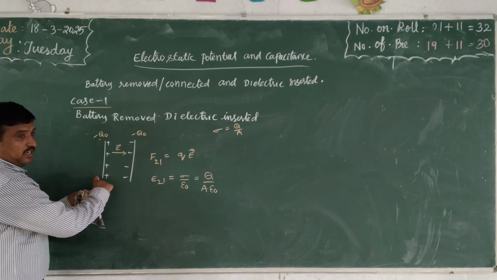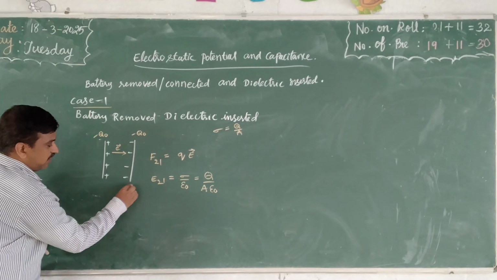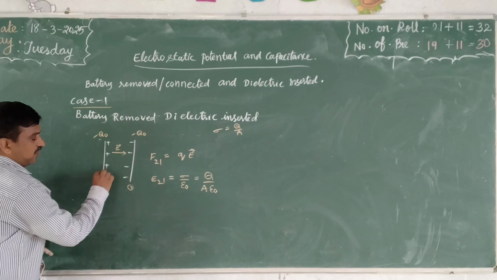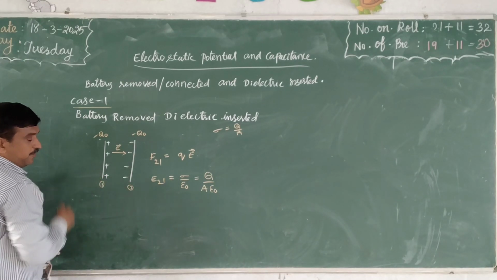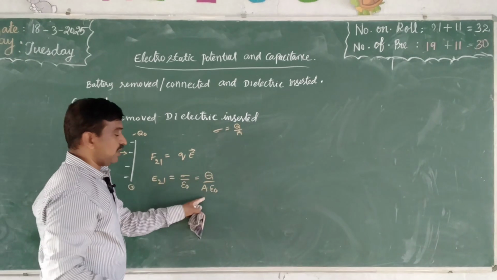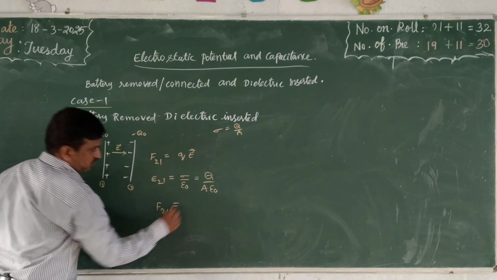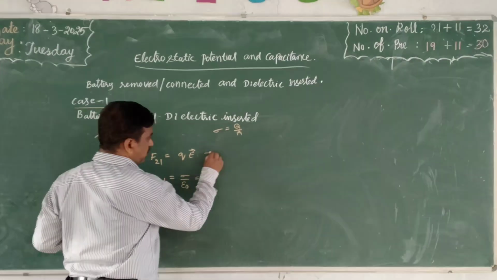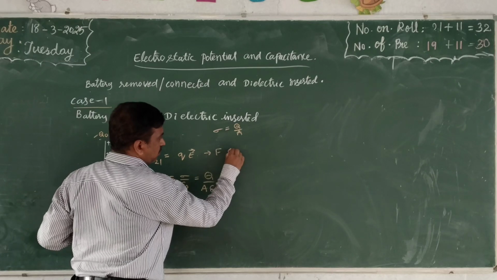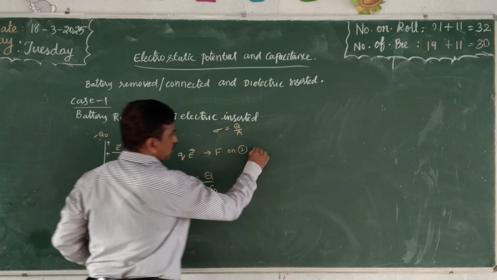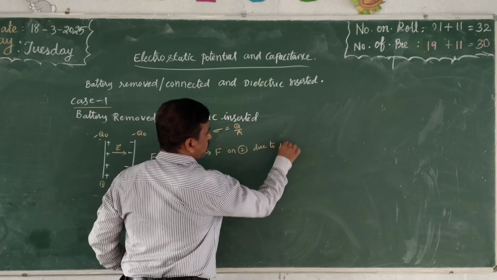So here, the electric field on the second plate. It is the second plate, it is the first plate. Electric field on the second plate due to the first plate, what is it? Q by A epsilon naught. Now we can write the force on the second plate due to the first one. F21 means force on the second plate due to the first plate.